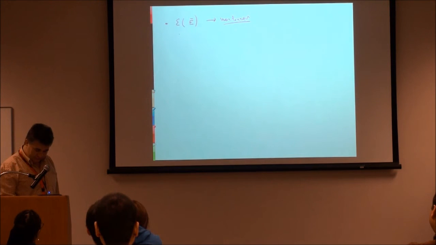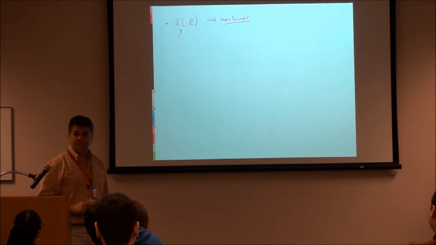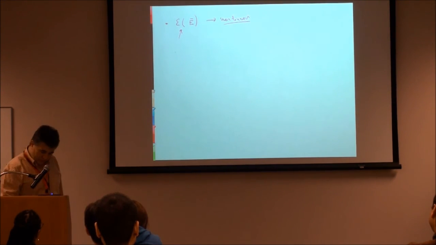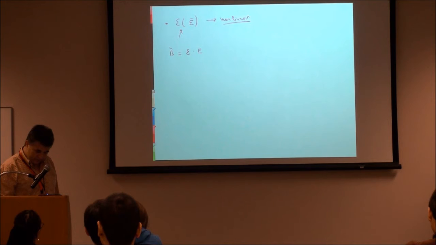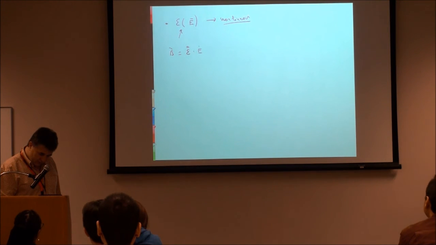Then my epsilon starts to change. Okay, so remember we had D equals epsilon times E. And by the way, all nonlinear crystals are also anisotropic, but let's not worry about that. Let's not worry about anisotropy for now. So this is the linear case.